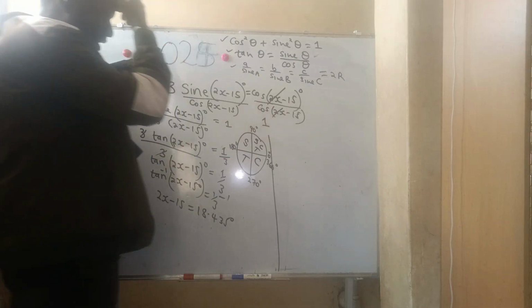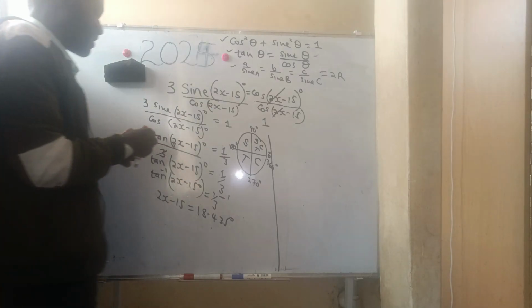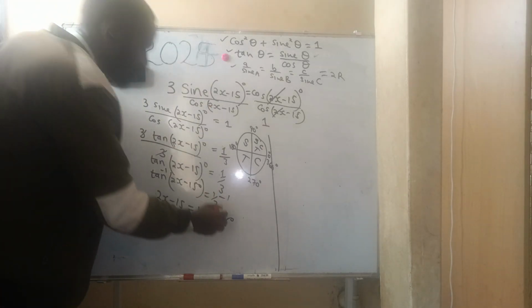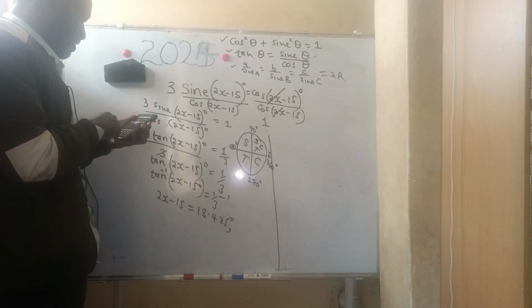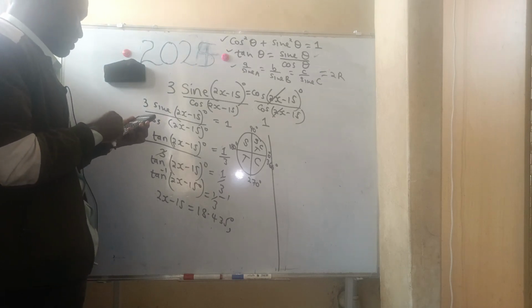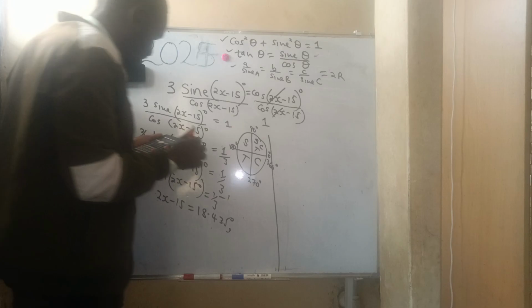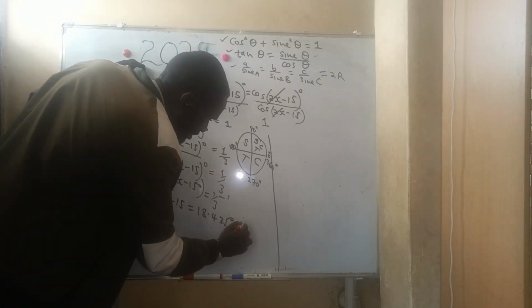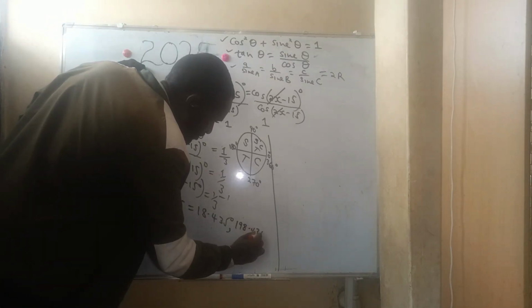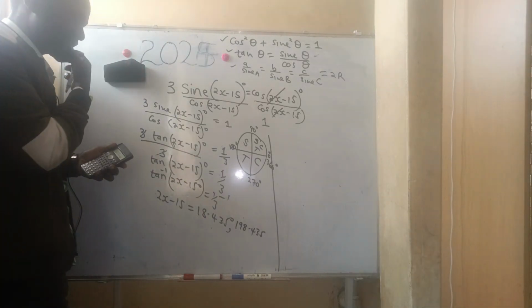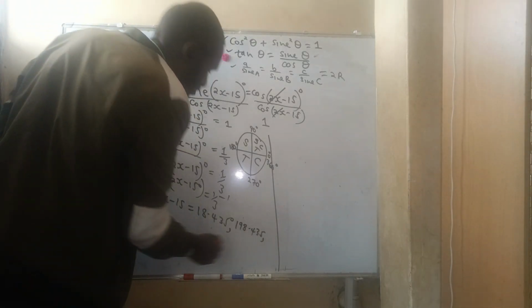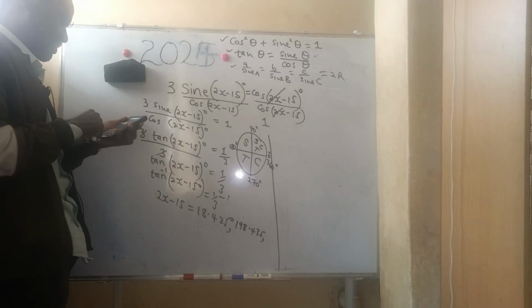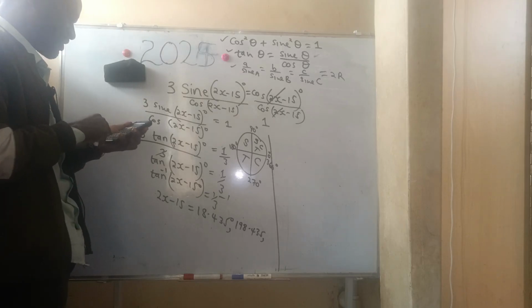So we can come here, and we should say 180 plus this for us to get another possible angle. So 180 plus the answer. So we have 198.435. Then we can add again plus 18.435.